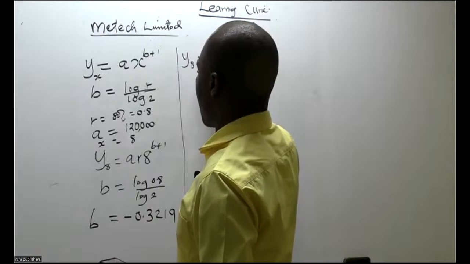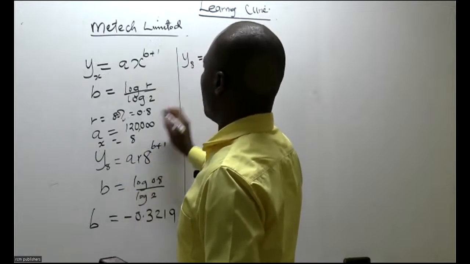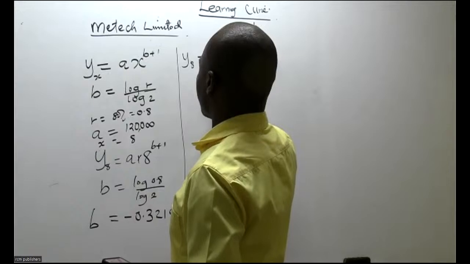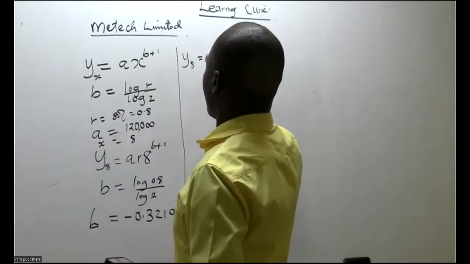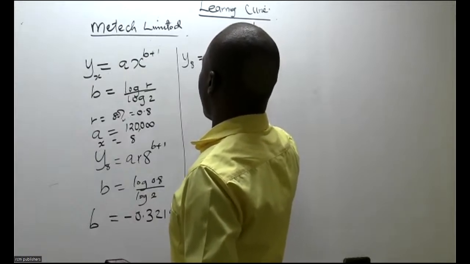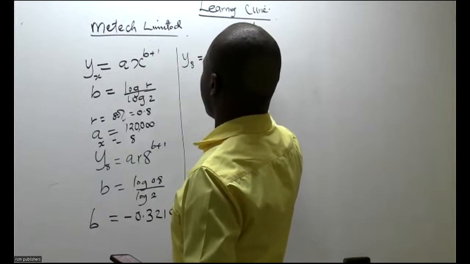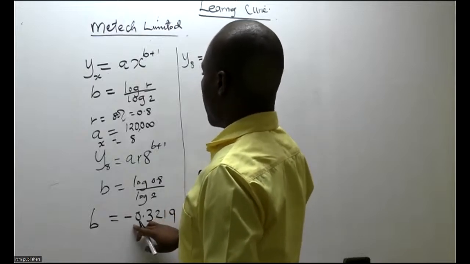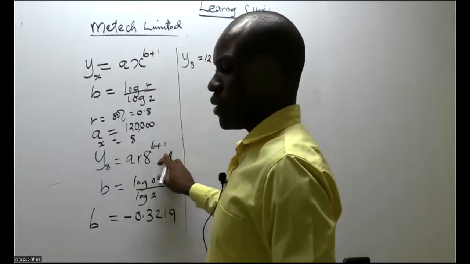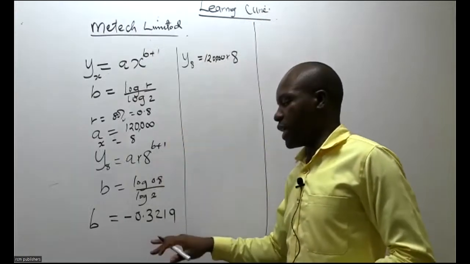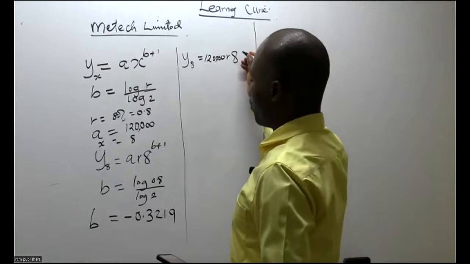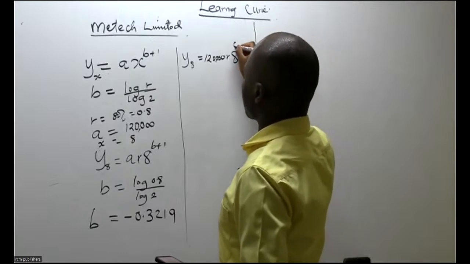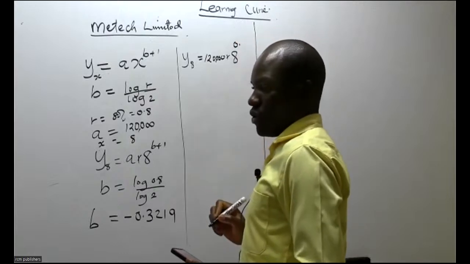We are supposed to have a, which is 120,000, multiplied by 8 raised to power b plus 1. So b plus 1, whatever you're getting in the calculator plus 1, what will you have? It will be a positive. What will you have?